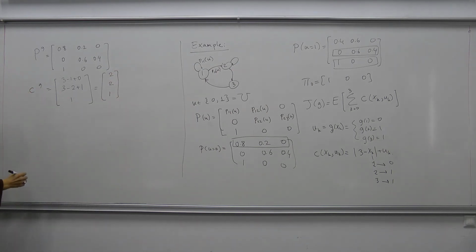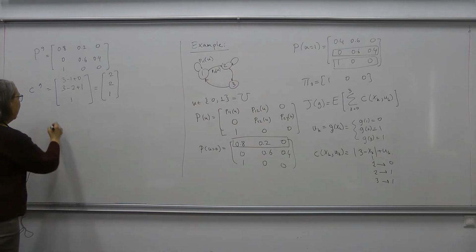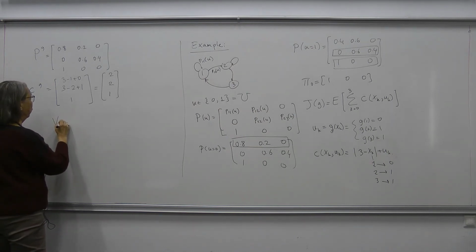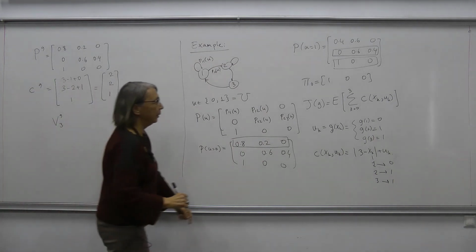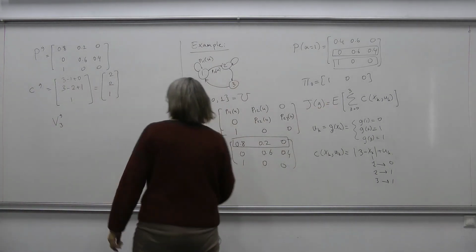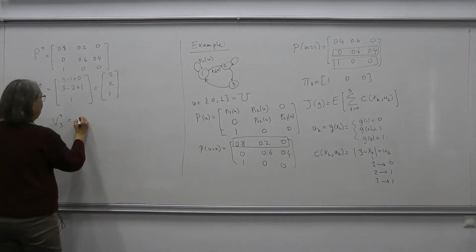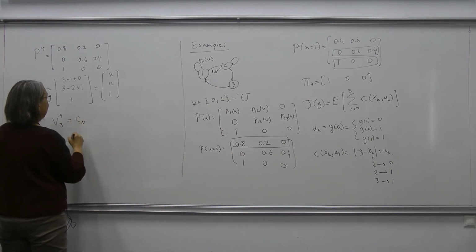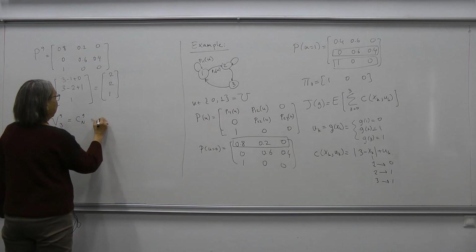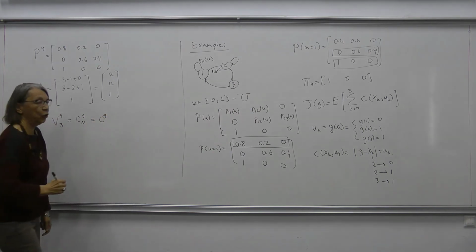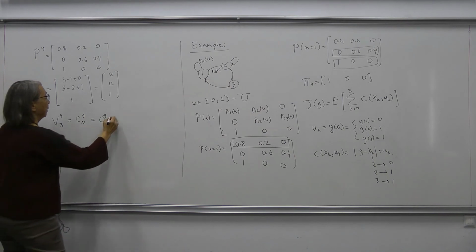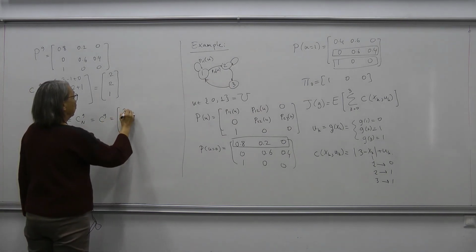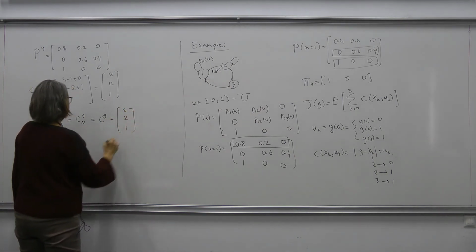Now, the rest is quite easy because we have derived all the formulas, and we can write V3G, since our final time is equal to 3, as CG, because for each time we have exactly the same vector, and this is exactly equal to 2, 2, and 1.